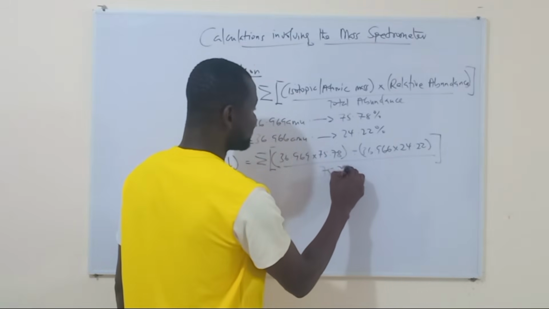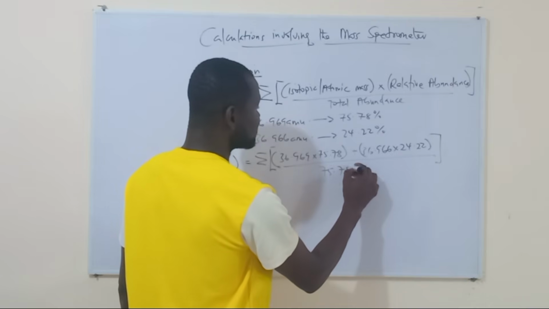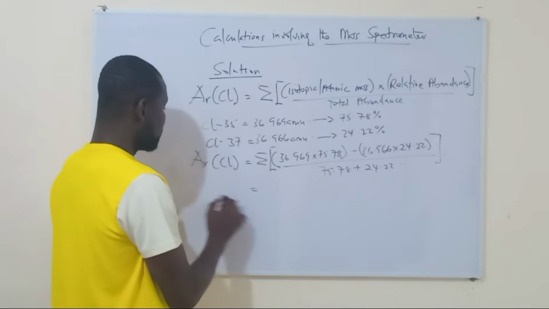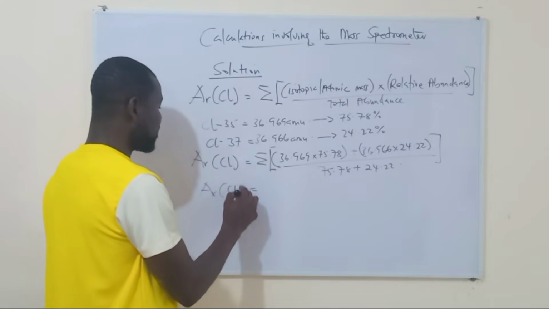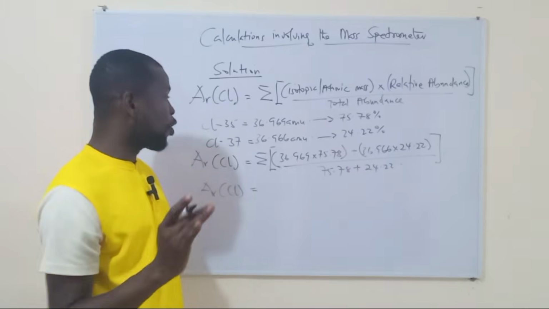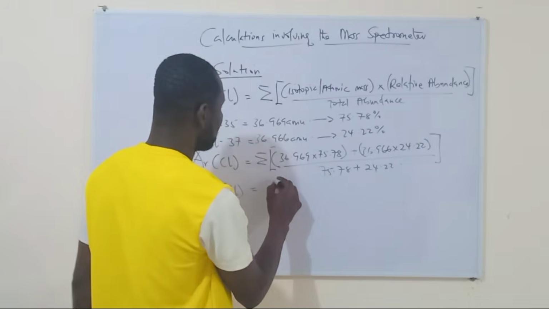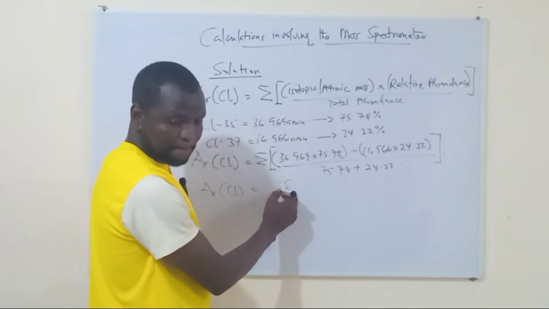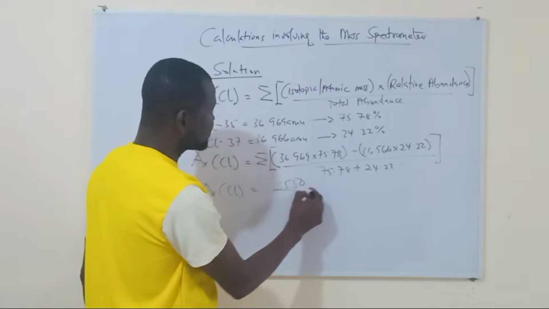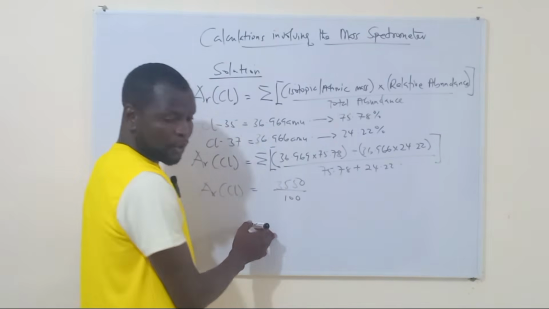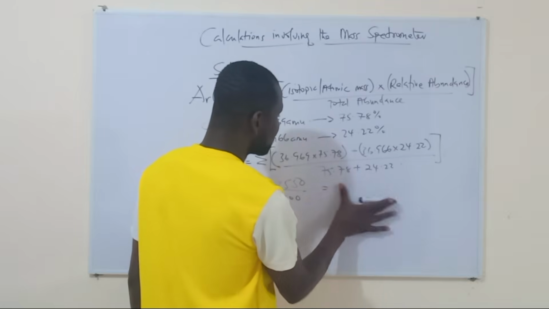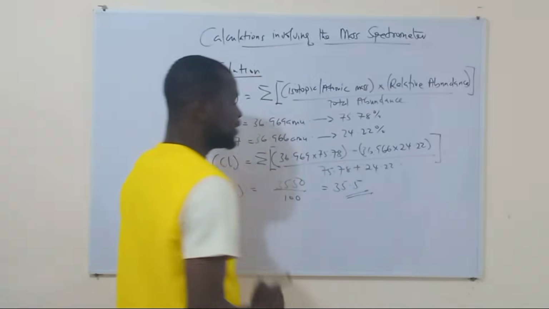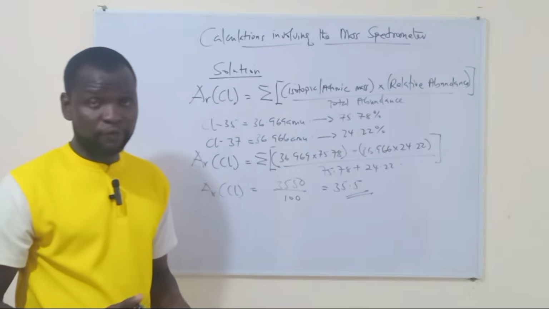So I have 75.78 plus 24.22. So my relative atomic mass of chlorine, when done properly, is going to be 3,550 over 100, which gives me 35.5. That is the relative atomic mass of chlorine.